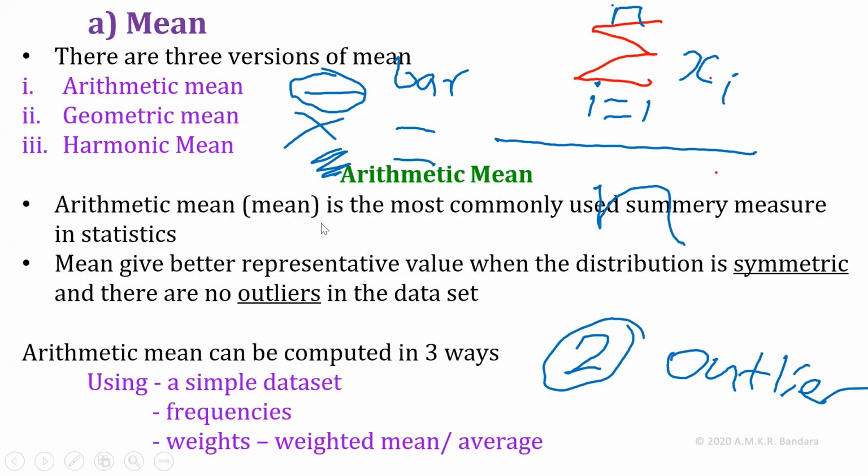It will be less than 60 because of the influence from this least observation, lower observation. That is one disadvantage of arithmetic mean.